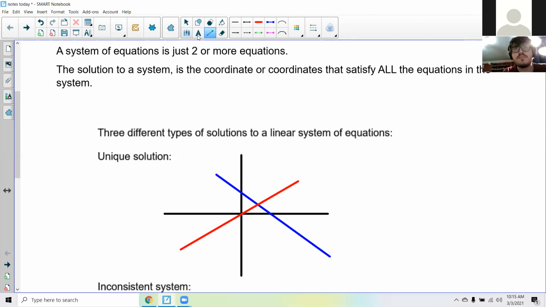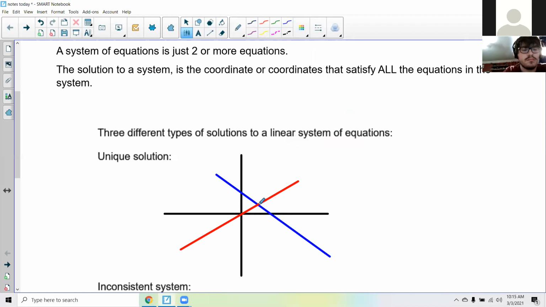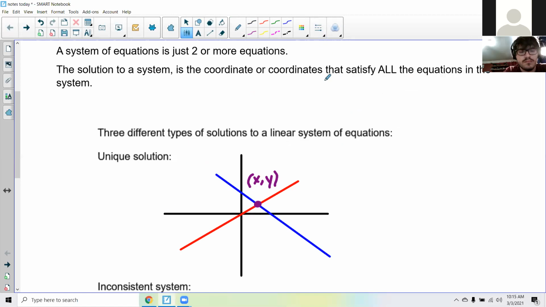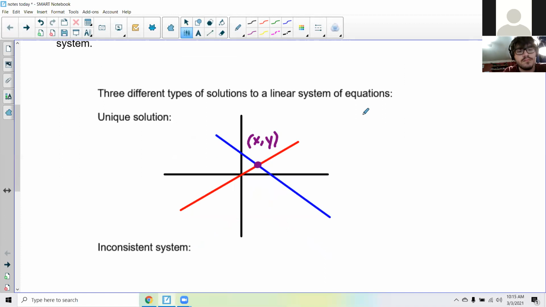I graph them to make lines, and when I find the solution, it's just going to be this x, y value, this coordinate (x, y), that falls on both lines if I graph them. That's just a unique solution, so we'll say one solution in this particular case.